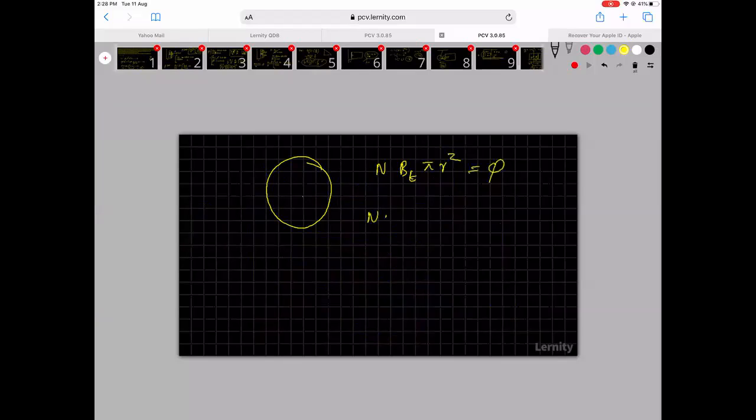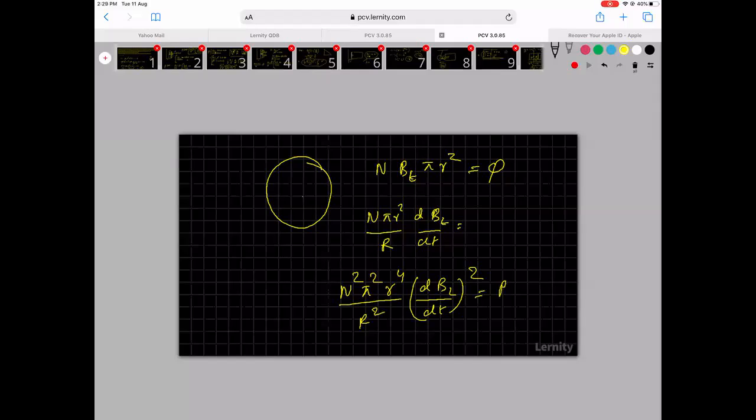So N pi r squared dB(t) by dt will be the EMF. This by R will be equal to I. So I squared R will become N squared pi squared r power 4 dB(t) by dt the whole squared divided by R. Okay, so this is equal to power dissipated, I squared R. This is the power dissipated.